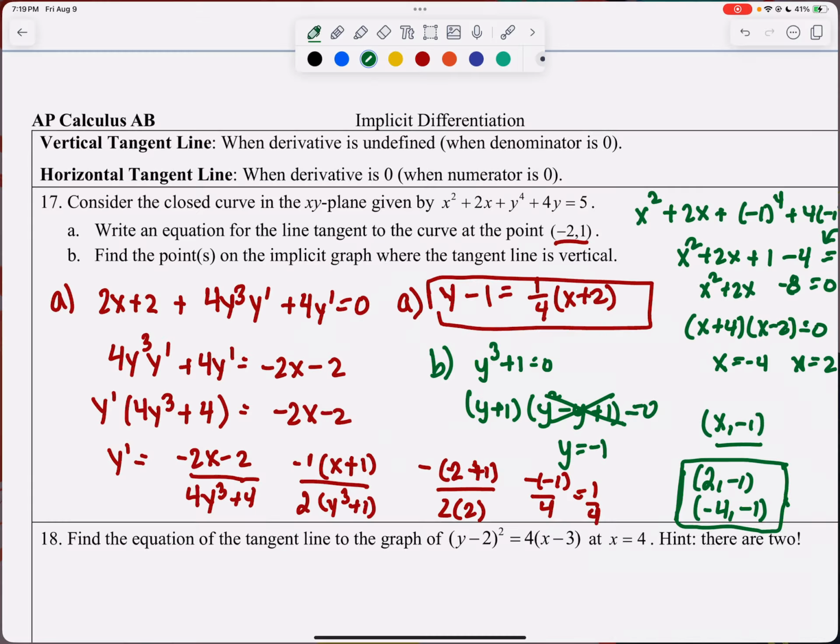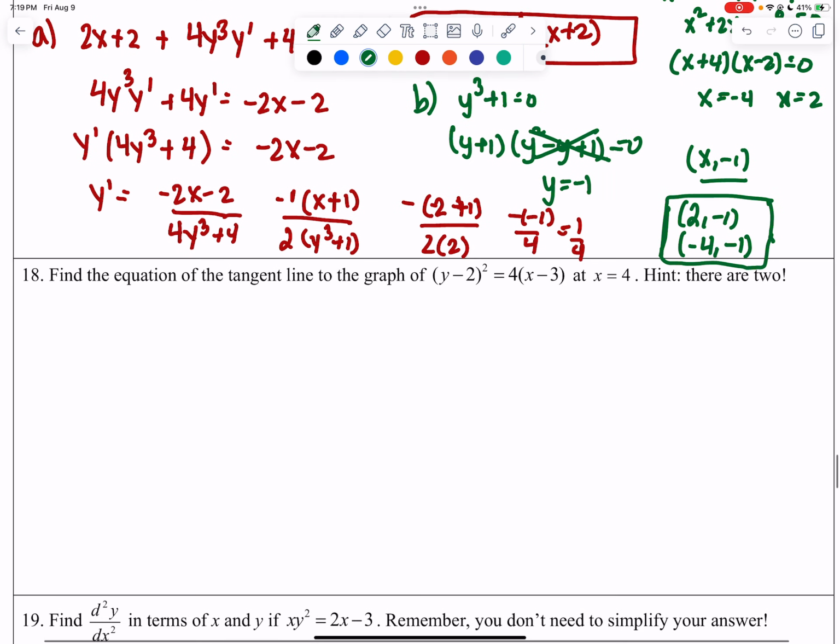All right, number 18. It says, find the equation of the tangent line to the graph of (y minus 2) squared is equal to x minus 3 at x is equal to 4. And I give you a hint that there are 2. Well, we are only given the x value, so we kind of need to find out the y value. So here, if x is equal to 4, then we have (y minus 2) squared is equal to 4 minus 3, or 1.